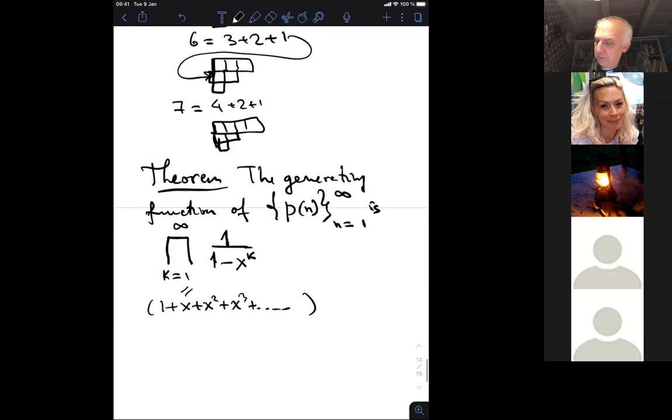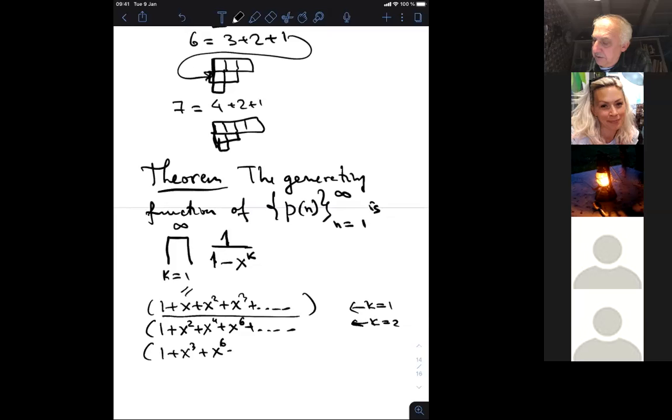So the first one, for k equals 1, is just the usual infinite geometric progression. The second one, which corresponds to k equals 2, would be x squared plus x to the fourth power, x to the sixth power, and so on. This is k equals 1. This is k equals 2. The next one would be x cubed, x to the 6, x to the 9, and so on. This is k equals 3.